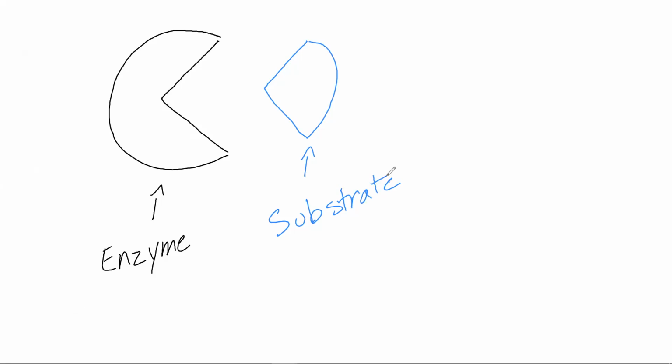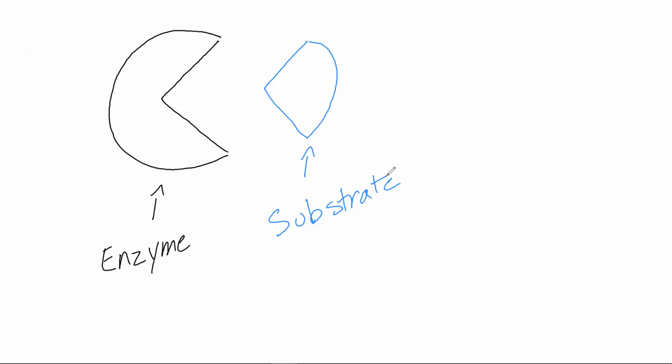The substrate is basically what the enzyme is grabbing, your reactants, to make the reaction, right? So if I have an enzyme that is performing cellular respiration, it needs to combine, what are the two things that you need to combine?